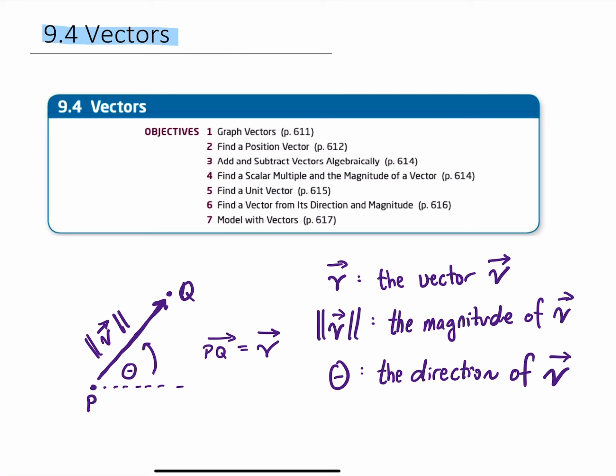And this should remind you of our work with polar coordinates, where we described some point in space using an r value and a theta value. So we're still describing the same idea. Instead of r, we have the magnitude, and the angle theta is what we're calling the direction of the vector. But we now have this sort of pointed situation, and we can use vectors to represent a lot of different properties and concepts.